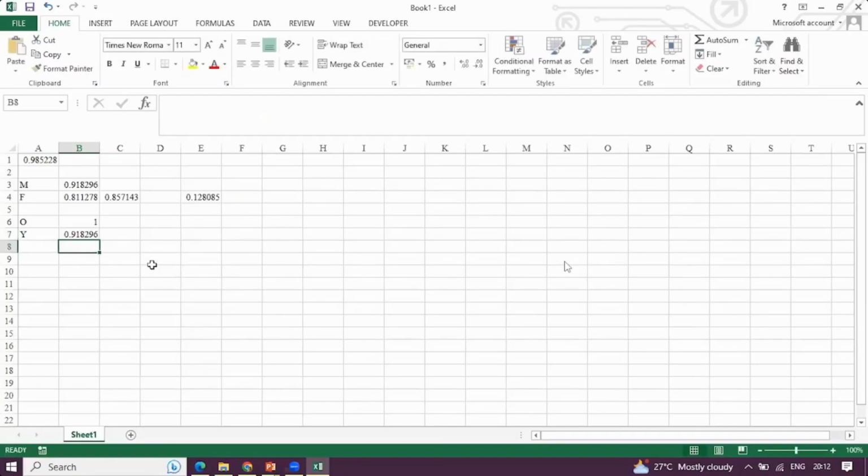So for young, it is this much. So I can very well take the weighted average. There are 4 older people, 4 by 7, plus for this one, there are 3 youngsters. So this is coming out to 0.964.